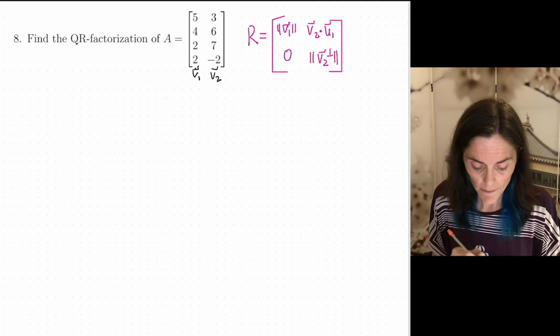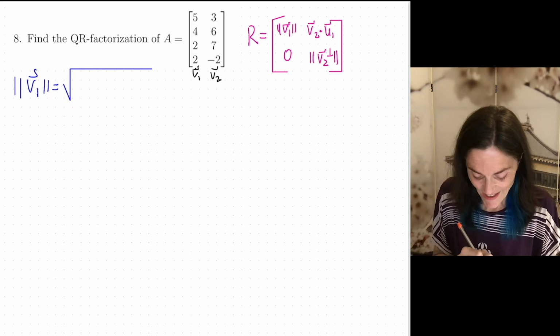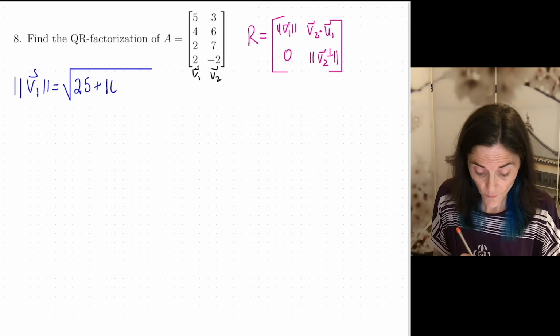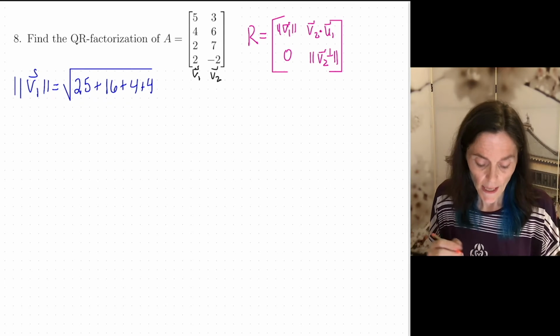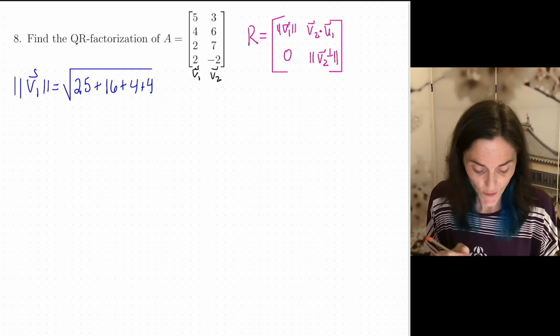We begin calculating the length of V1. And then the first vector, just like we saw in the last example, will be V1 divided by its length. We have 25 plus 4 squared, right? Plus 2 squared plus 2 squared. And you see this is 24 plus 25. This is 49.